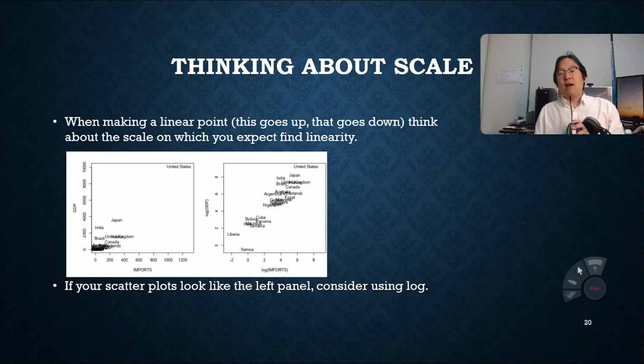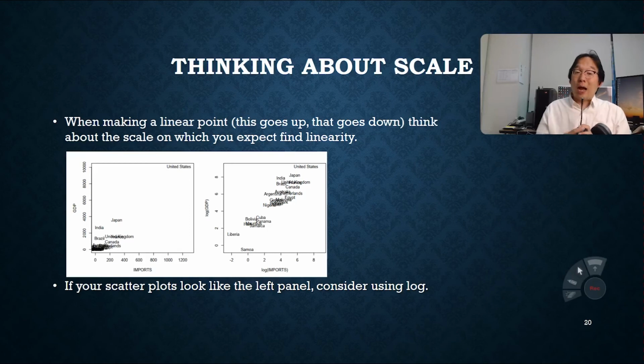You see a positive extreme value called United States. The rest of the countries are clustered in the downside over there, 300 different countries, right? So this one picture does not tell us much about the linear relation between these two variables.